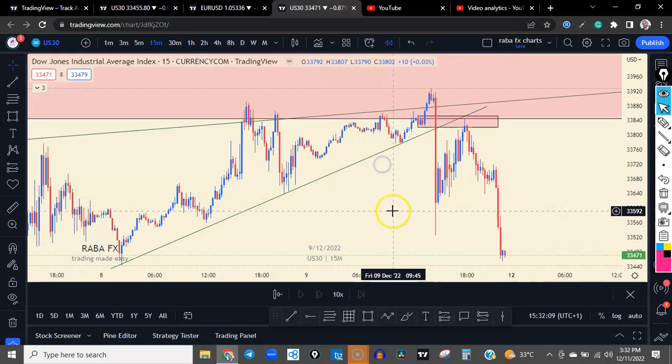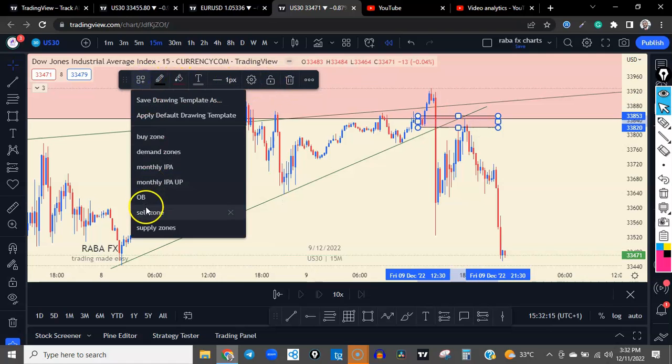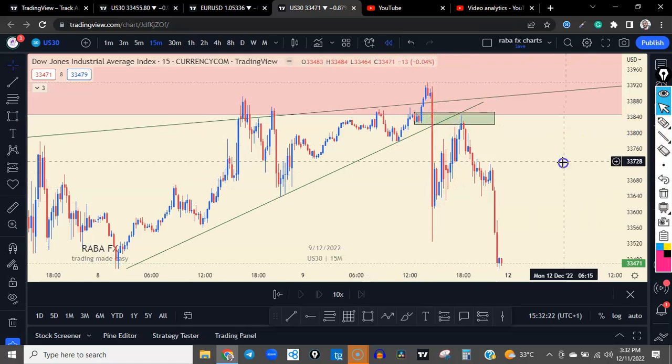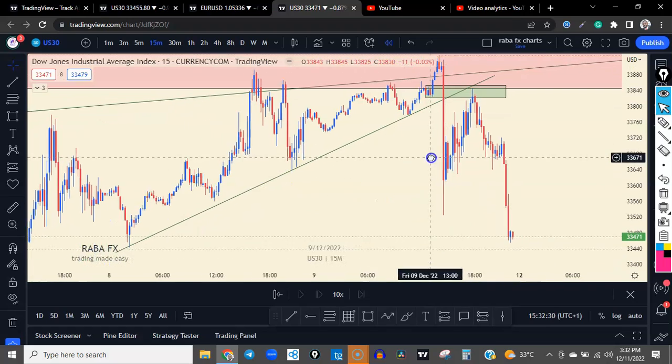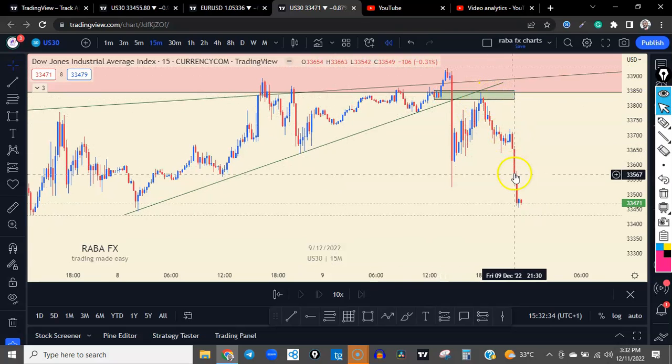Price took out that demand zone, and then on the return back, like a form of flip zone, you can enter your trade and then put your stop loss here. So this is a way you can apply this in the lower time frame as well, and this would have given you a good risk to reward ratio.